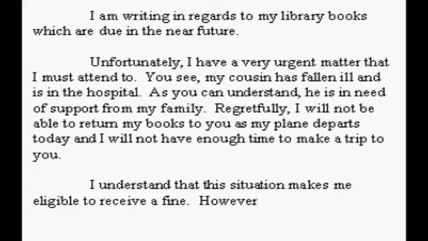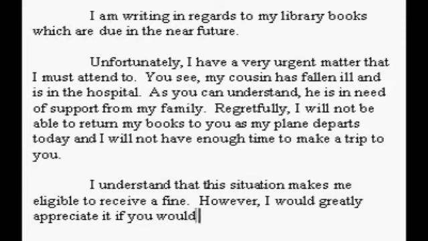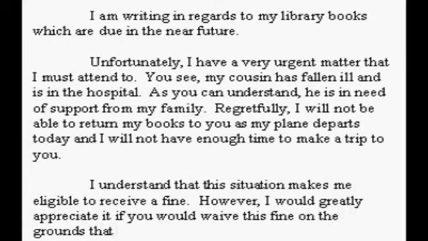However, I would greatly appreciate it if you would waive this fine on the grounds that my circumstances are, I don't want to say critical, very important.